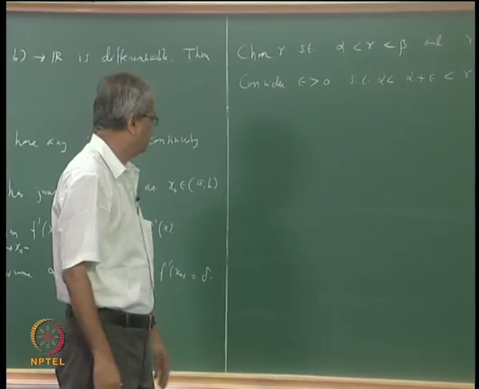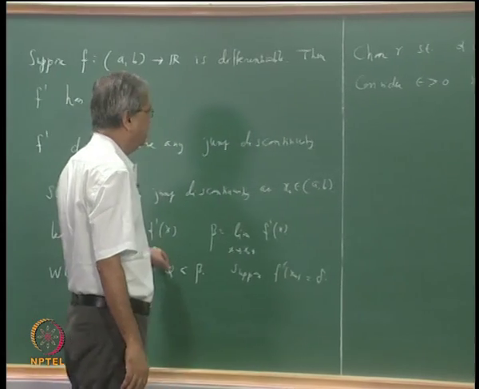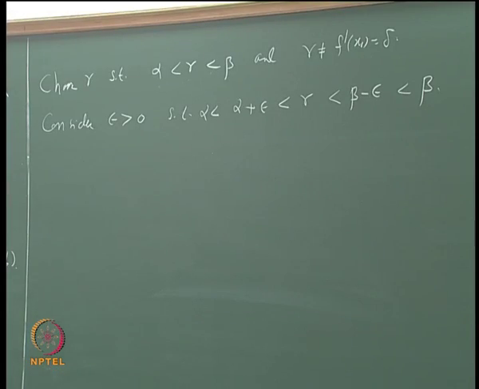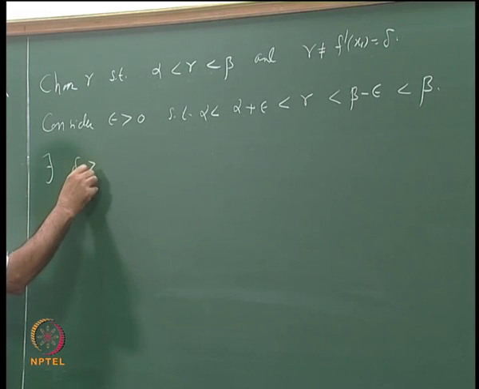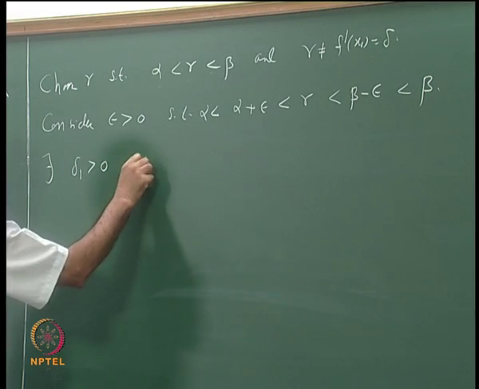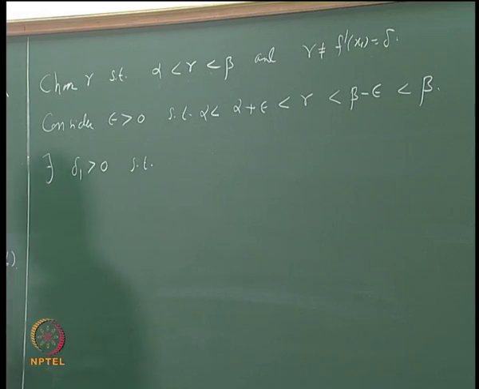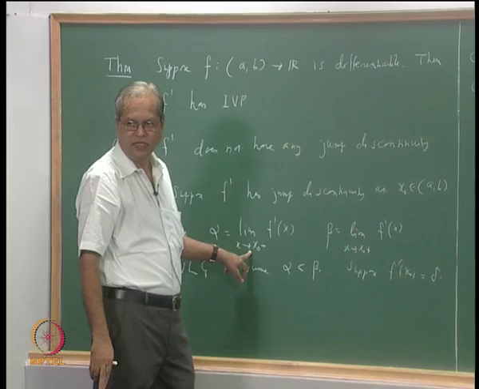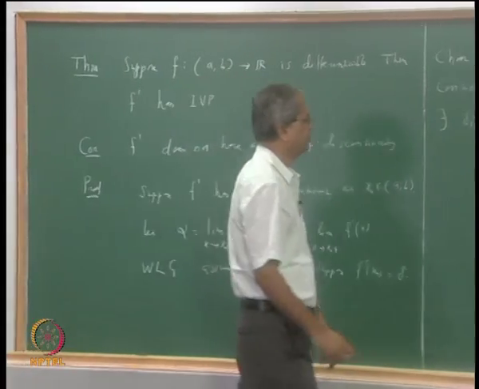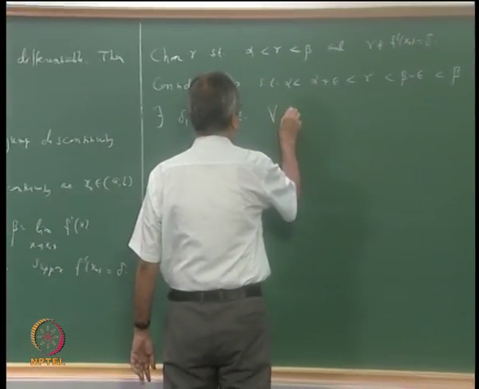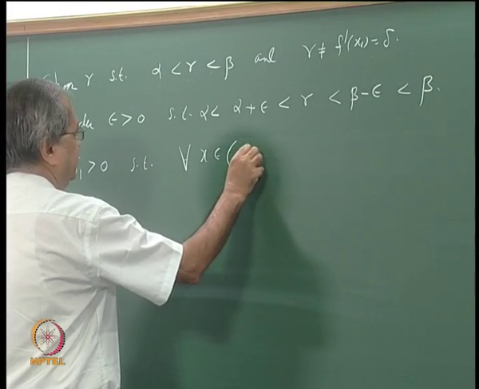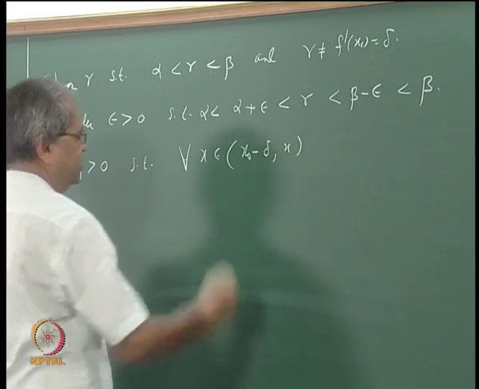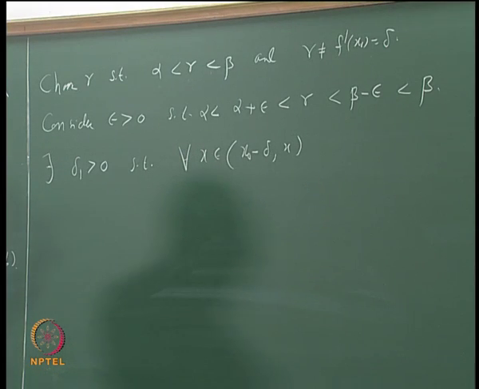And we shall use the definition of this left hand limit for this epsilon. For this epsilon, there exists, let me say, delta 1 bigger than 0 such that for all x in x naught minus delta 1 to x naught, what should happen?